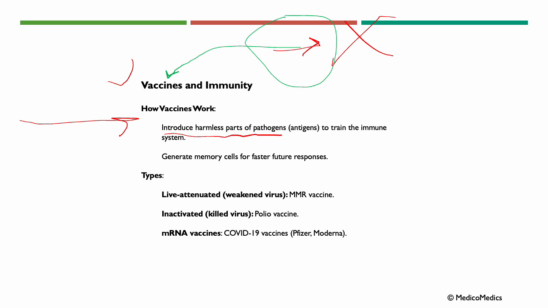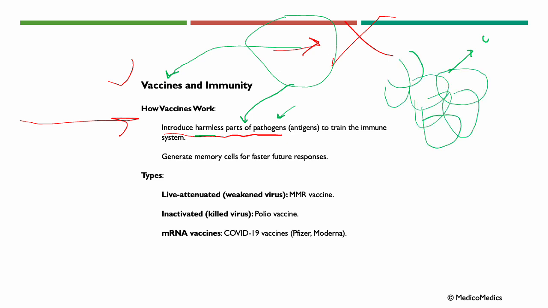Well, we manipulate the system by introducing harmless parts of this pathogen, of these antigens that are expressed on the pathogens, and we introduce it to our body so that our immune system recognizes it and starts producing antibodies to it. But it's important to understand harmless is key here.